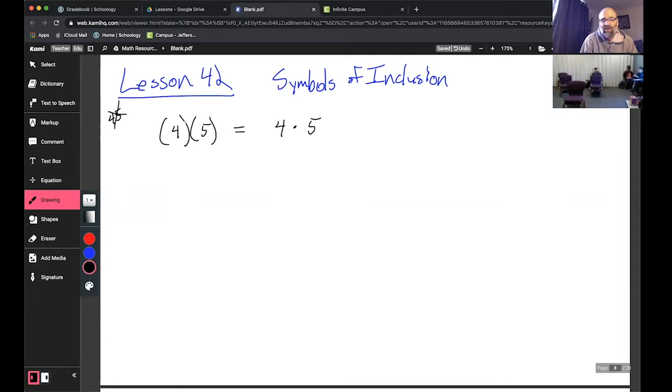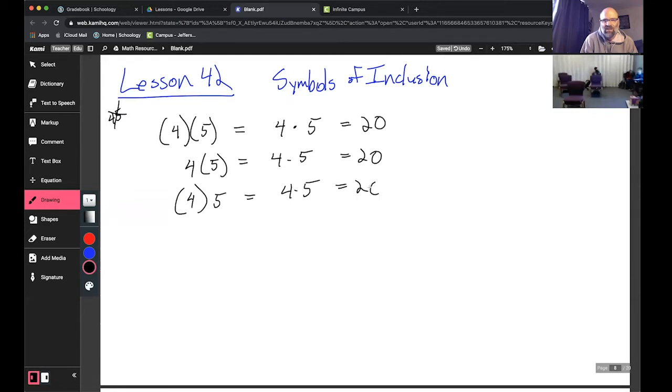But if they're next to each other in parentheses, that means multiplication. So that's just 20. You could just have 1 in parentheses too, so that still means 4 times 5. It doesn't matter which one's in parentheses. If it's separated by parentheses and they're right next to each other, that always means multiplication.